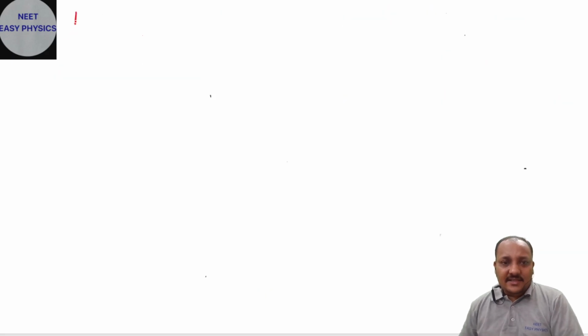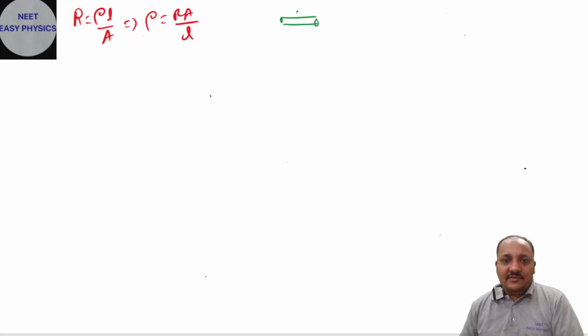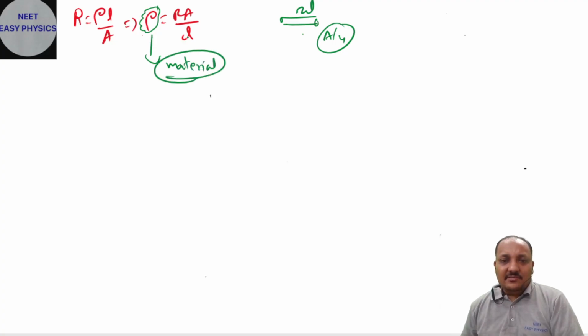Next, the resistance equation R is equal to rho L by A. From this we get rho is equal to RA by L. What they will ask is, if the length of the wire is doubled and the area of cross section is one fourth, what happens to resistivity? Resistivity depends on the nature of the material and temperature, but it does not depend on dimensions. Therefore, resistivity is going to be constant.